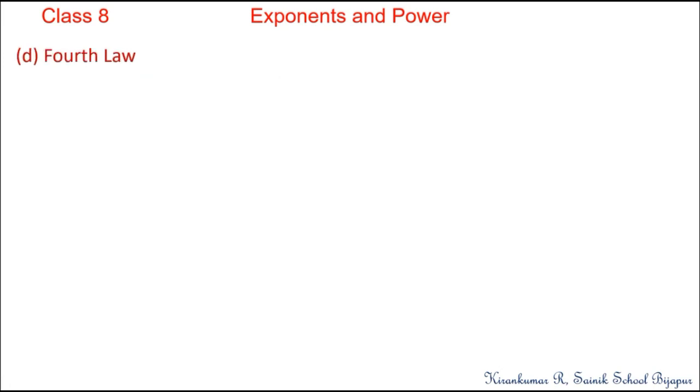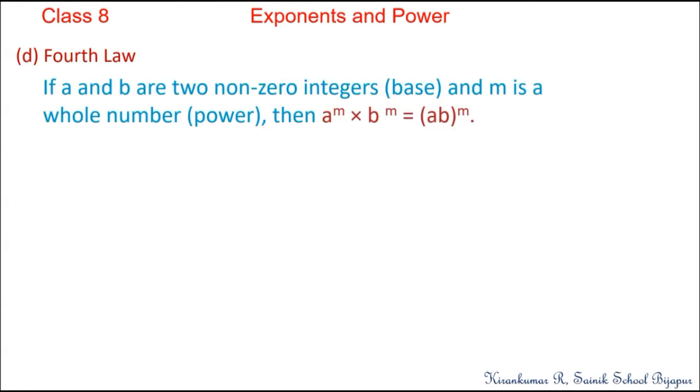Fourth law, if a and b are two positive integers, and m is the power, then ab to the power of m is same as a to the power of m into b to the power of m.